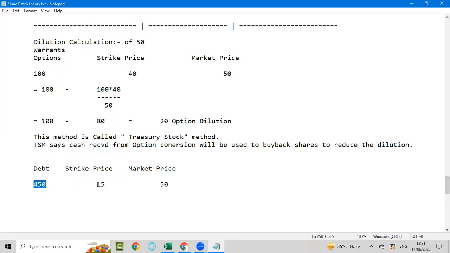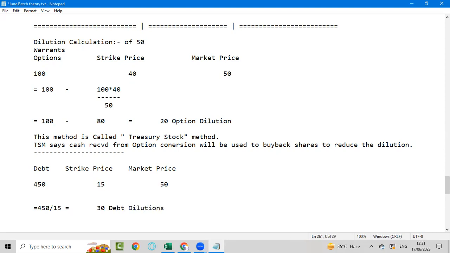This can be converted to equity at 15 rupees each. This is again in the money. Strike price is less than the market price. We call it in the money. Okay. So dilution will be 450 divided by 15. How many shares will we have to issue? 30.